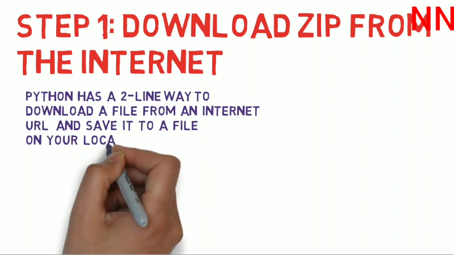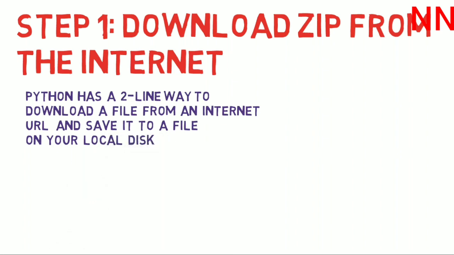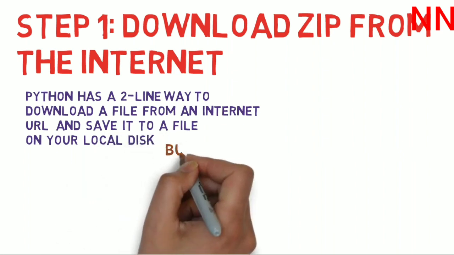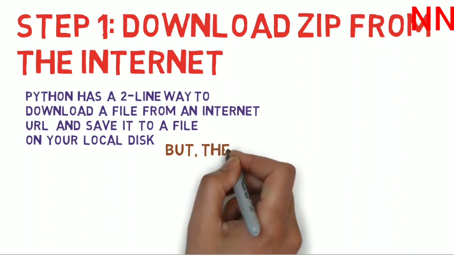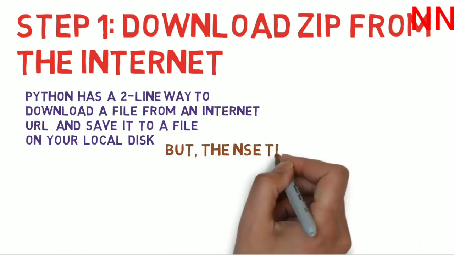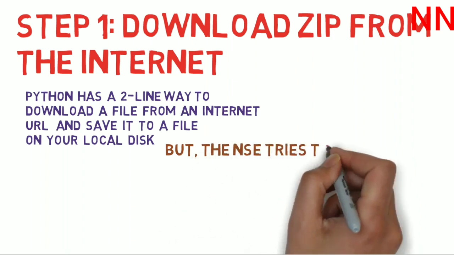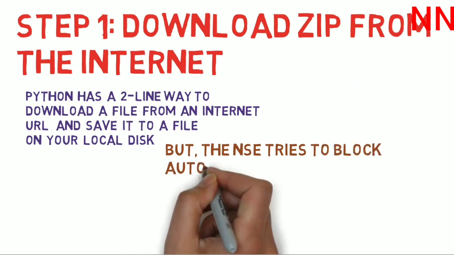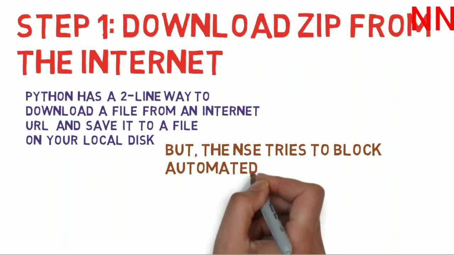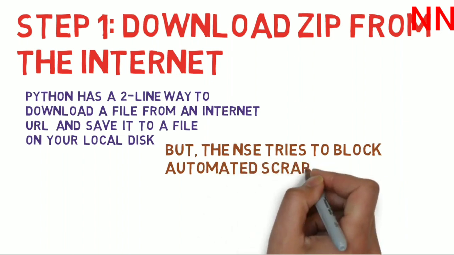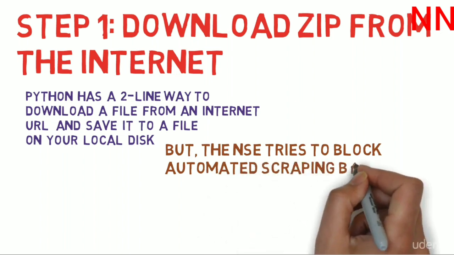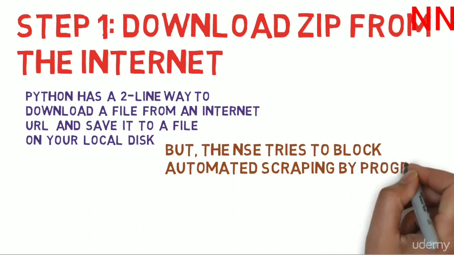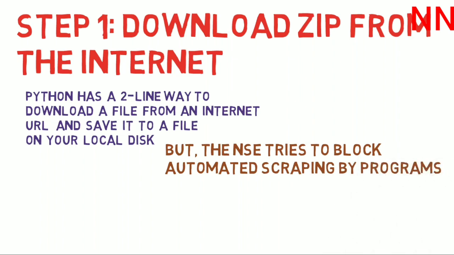But there is a catch. The NSE tries to block automated scraping by programs. So if the NSE feels like a program is trying to access the website, it will block it.